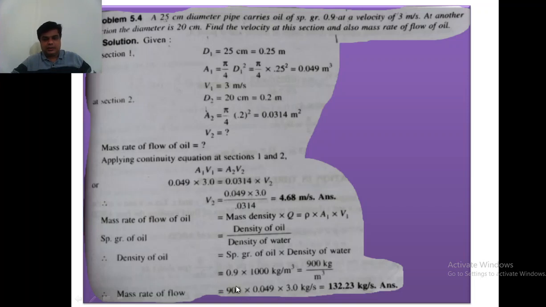So here it is asking you the mass flow rate, so density into this area and velocity will give the mass flow rate in kg per second, because density will be in kg per meter cube, area is in meter square, then velocity is in meter per second, so this will give you kg per second.